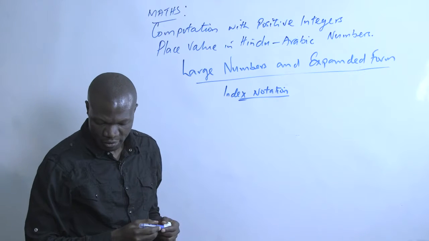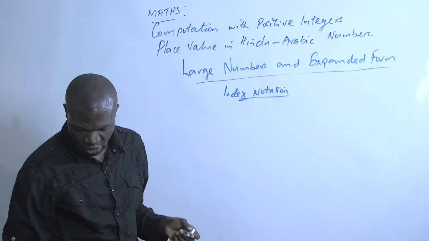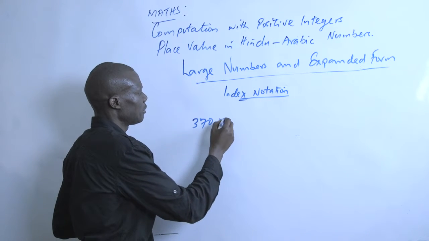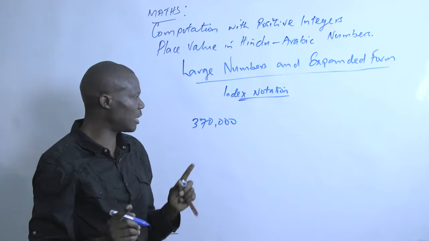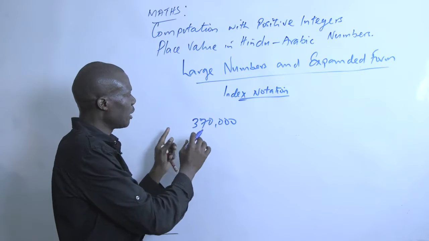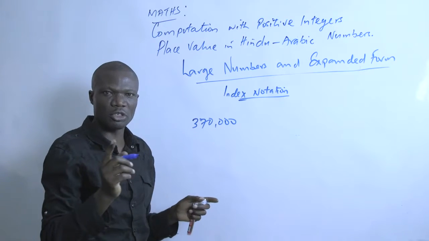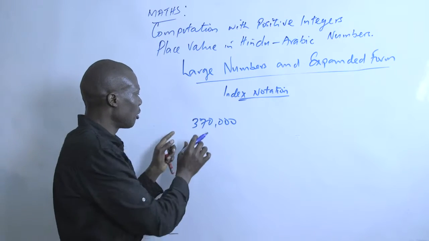And here, we want to look at 370,000. As said earlier on, we take all the zeros and count them. That is what is going to give us the power of 10, but the whole number remains.